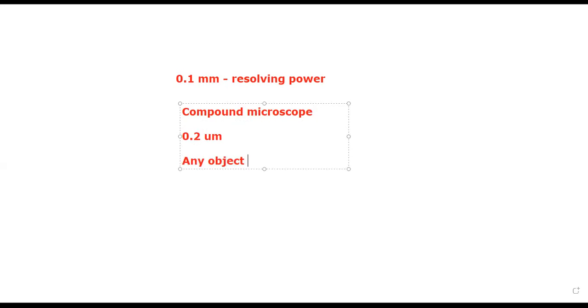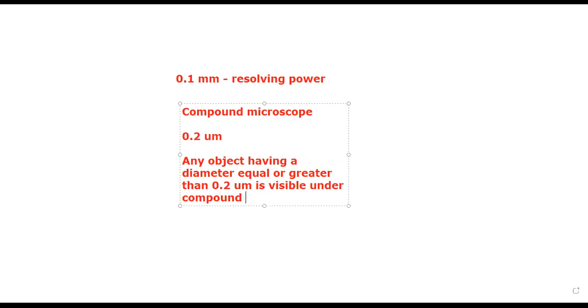Any object having a diameter equal to or greater than 0.2 micrometer is visible under which microscope? The compound microscope.